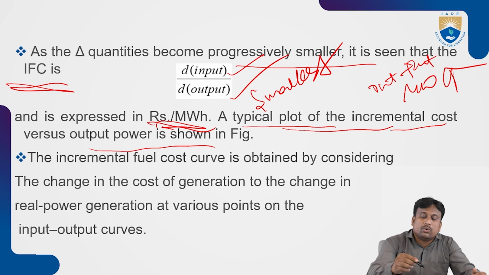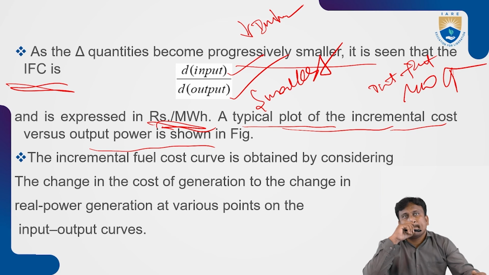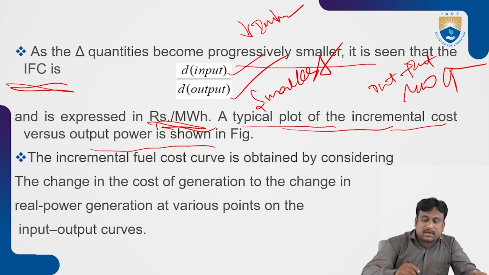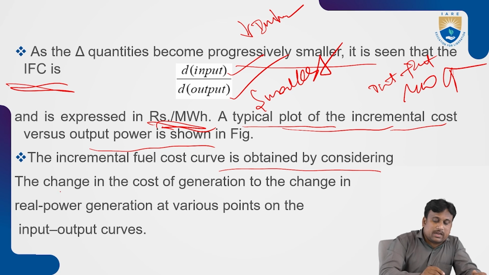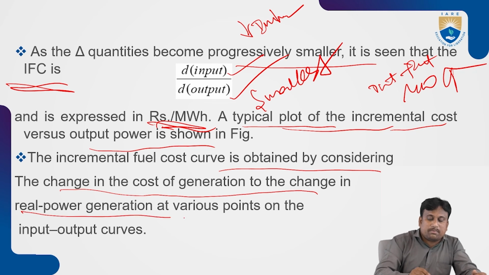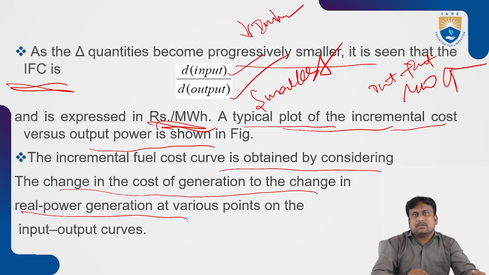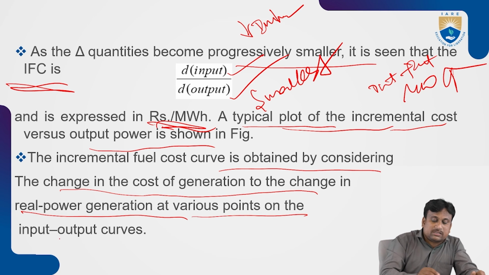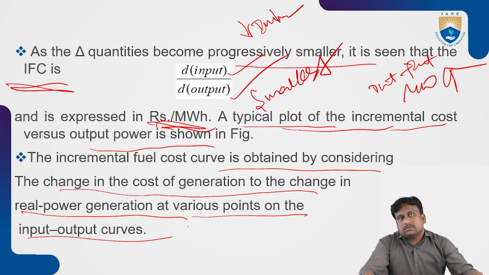So we need to go with the reduced initial investment of the power system network. The incremental fuel cost curve is obtained by considering the change in the cost of generation to the change in the real power generation. This takes place at various points on the input-output curves.